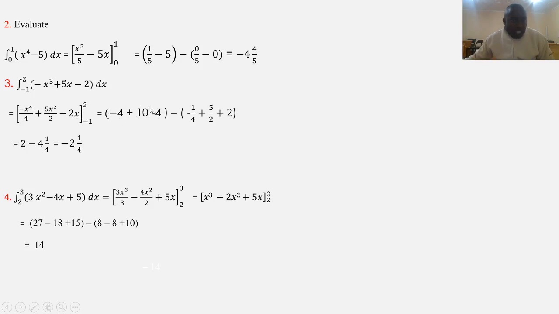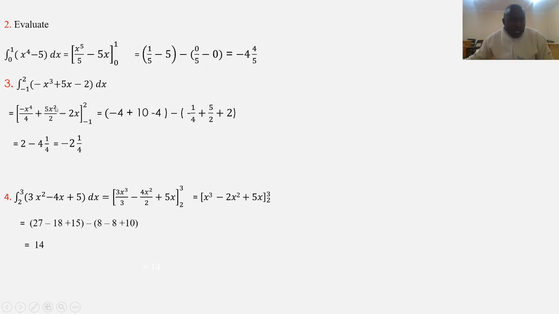That is our first integral, that is when we are using the limit of 2, minus the limit of negative 1 substituted here. So it will be negative 1, power of 4 is still negative 1 times negative 1, so it becomes positive 1 over 4.